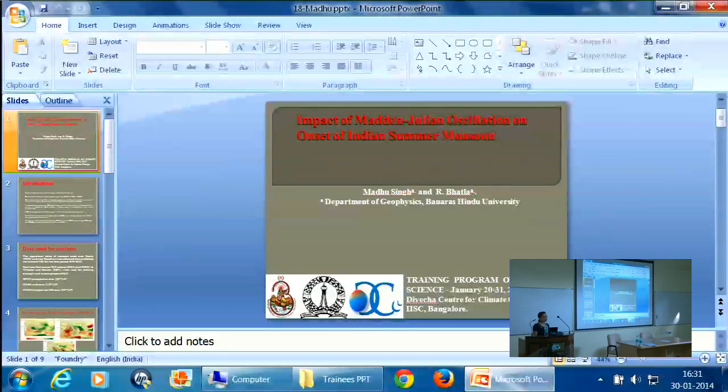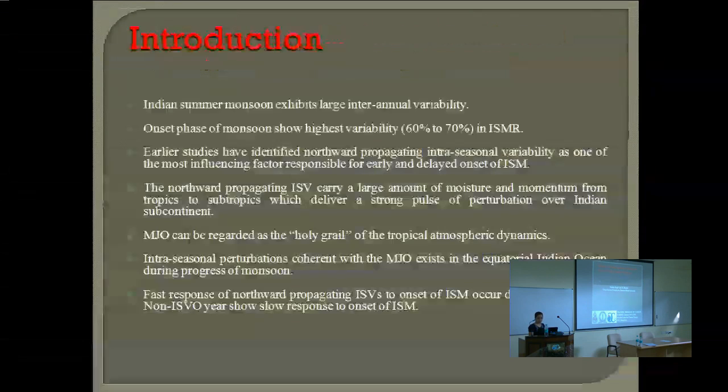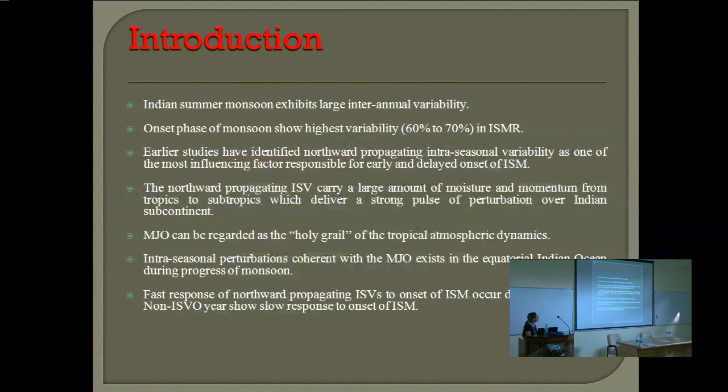I'm going to talk about the impact of Mediterranean oscillation on onset of Indian summer monsoon. Onset of Indian summer monsoon shows large interannual variability, and we know there are three different epochs of monsoon: onset phase, active break, and withdrawal phase.